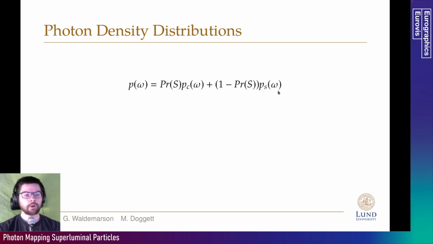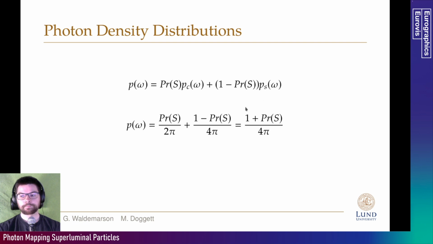These values, though, are readily known as 1 over 2 pi and 1 over 4 pi, respectively, and plugging these in yields the final directional density as this. Also, if it is possible to find all intervals where the particle is superluminal, the probability can be computed as the superluminal path length over the total path length.